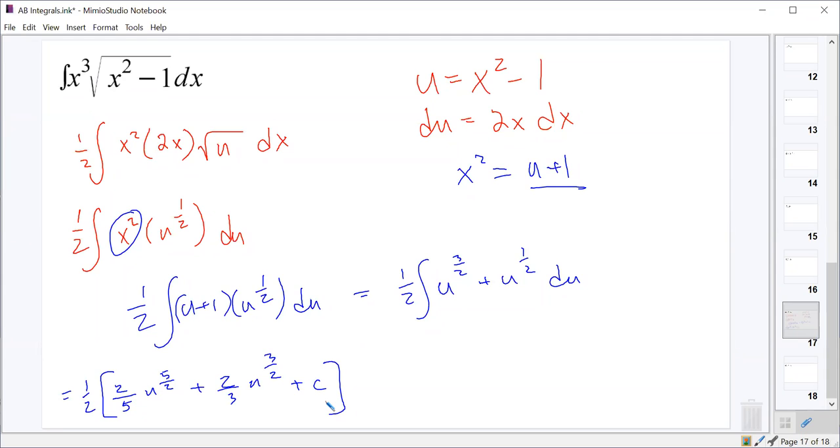And then we can distribute the 1/2 through, and we can return the u into x squared minus 1. So 1/2 of 2/5 is 1/5, and x squared minus 1 to the 5/2, and then 1/2 of 2/3 is 1/3, and x squared minus 1 to the 3/2 plus your constant.